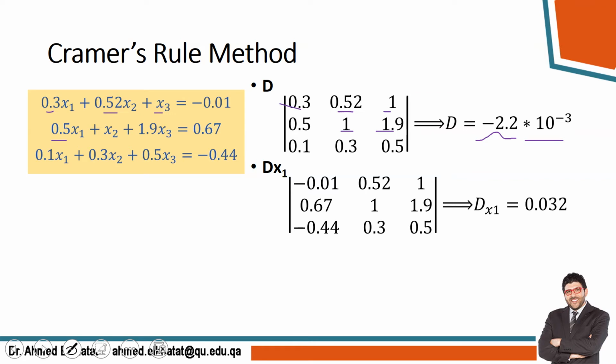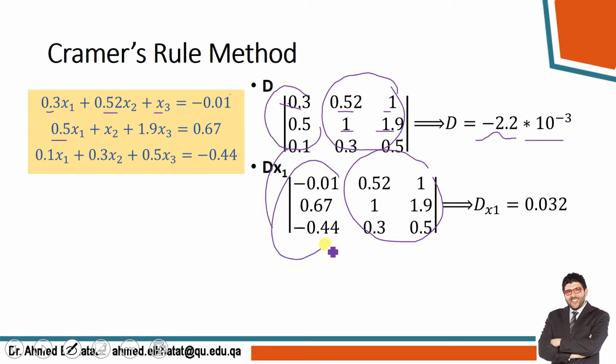Now for Dx1, just what we did, we kept everything in the same positions, but we replaced the first column by the free coefficients. So the Dx1 becomes 0.032.